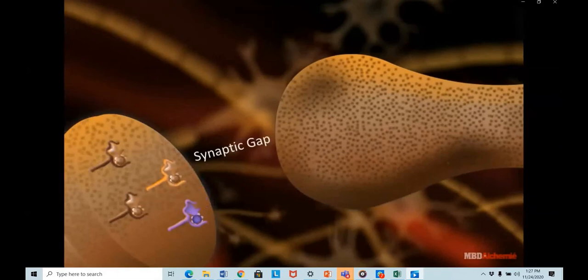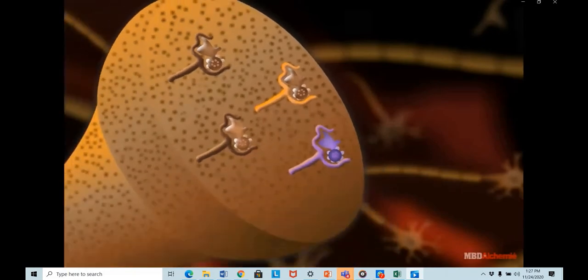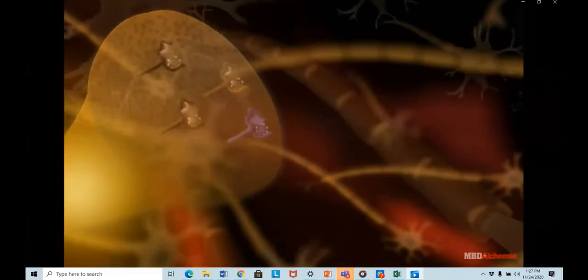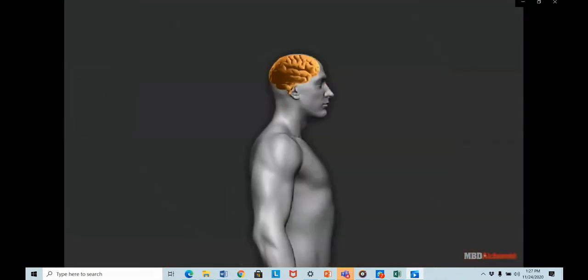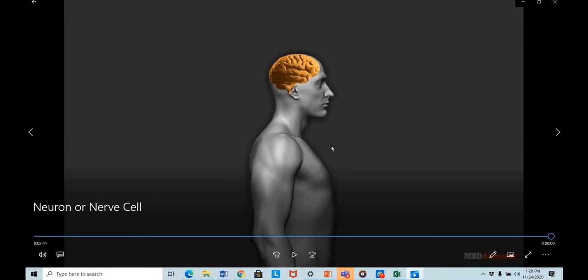These chemicals cross the gap, or synapse, and start a similar electrical impulse in a dendrite of the next neuron. This is a general scheme of how nervous impulses travel in the body. A similar synapse finally allows delivery of such impulses from neurons to other nerve cells.